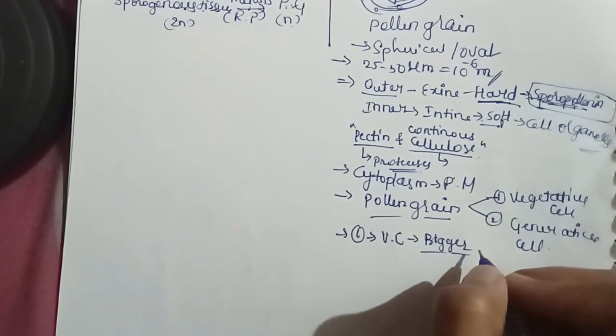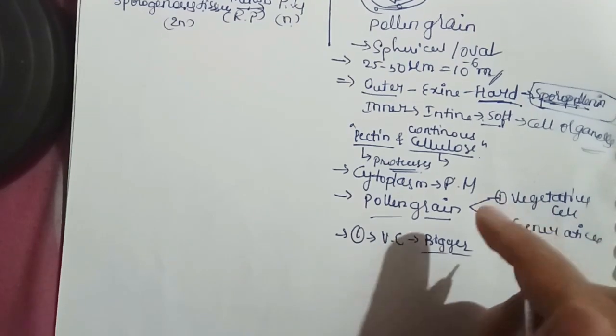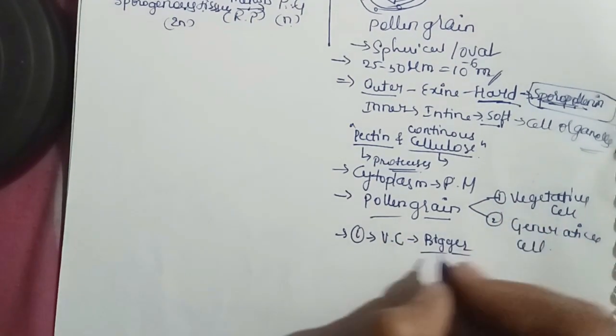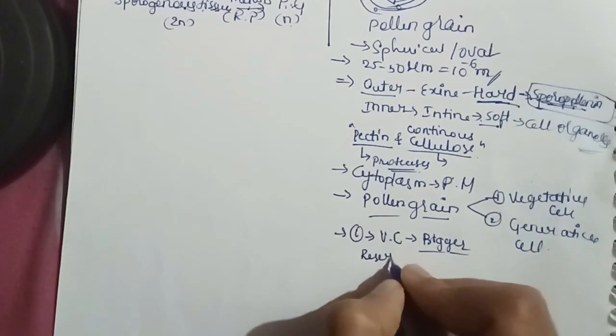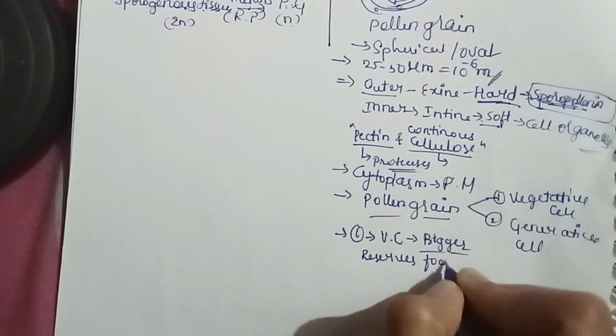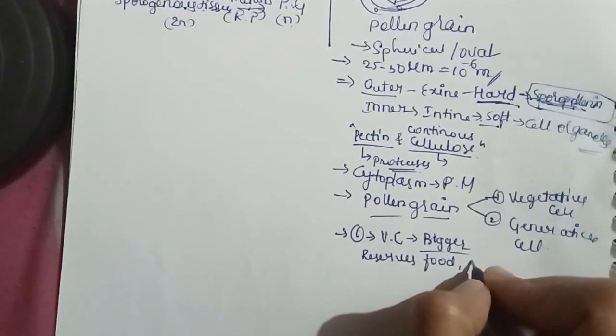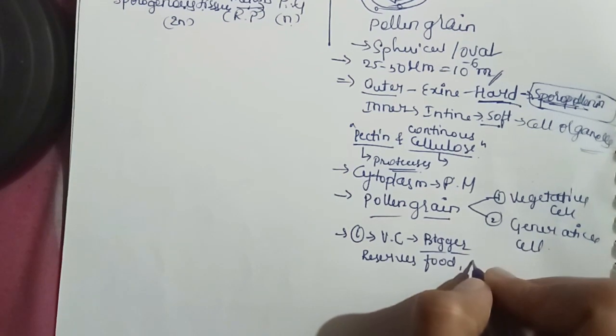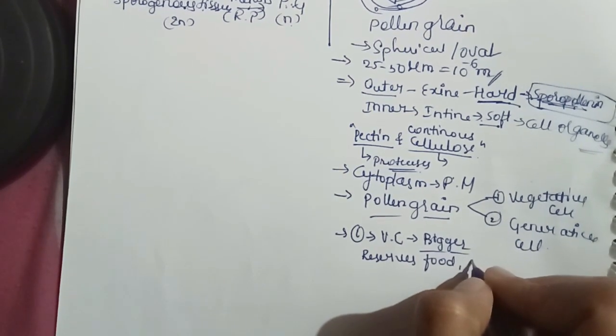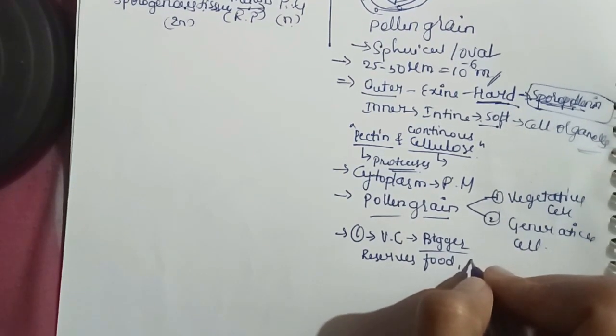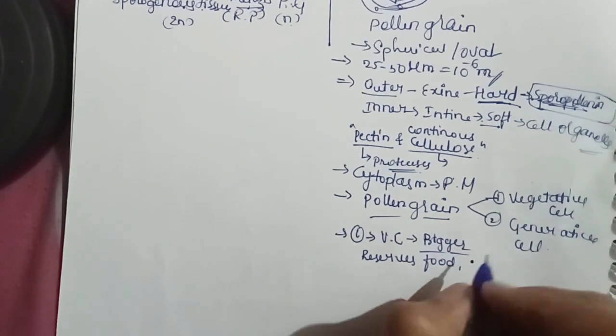It is very well developed and abundant because it reserves food materials, nutrition, and many proteins, carbohydrates, etc. So these are stored by this.